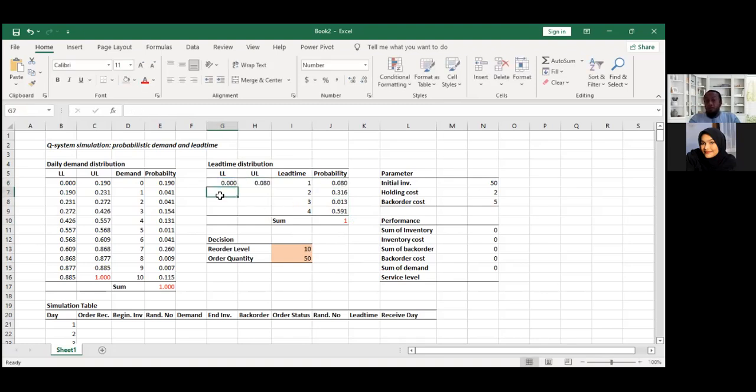Then the next lower limit equals the previous upper limit, and the next upper limit is again the lower limit plus the probability. After that, we can copy down. Okay, done, it equals 1. I make it red.